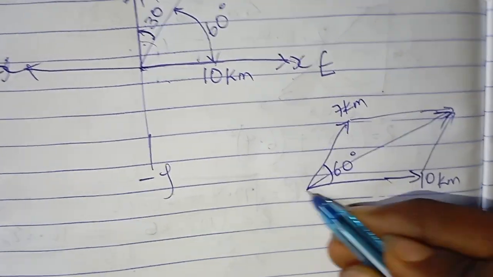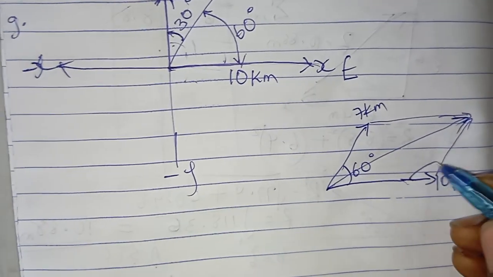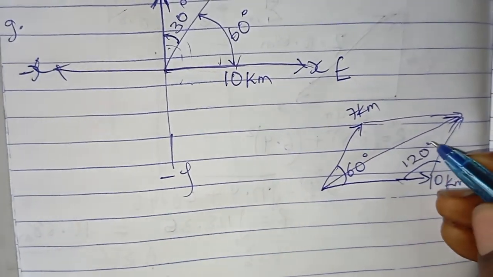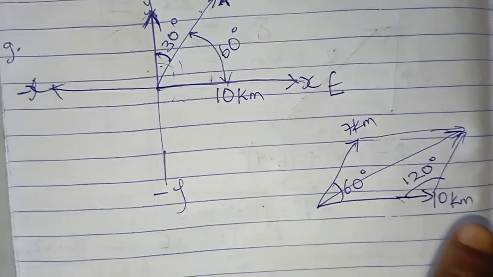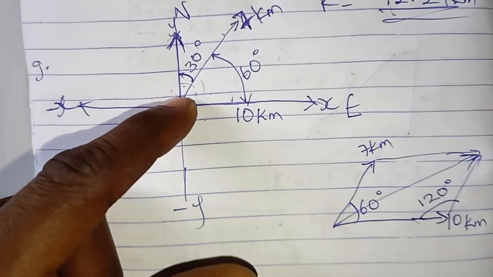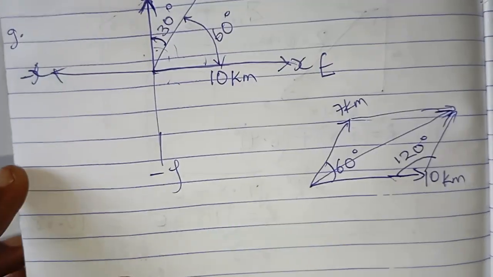Now ask yourself, angles on a straight line is 180, so 180 minus 60 is 120 degrees. Very important. So I can now use cosine rule or resolution of vectors to solve this. Let's try to use cosine rule this time around and see what we'll get.